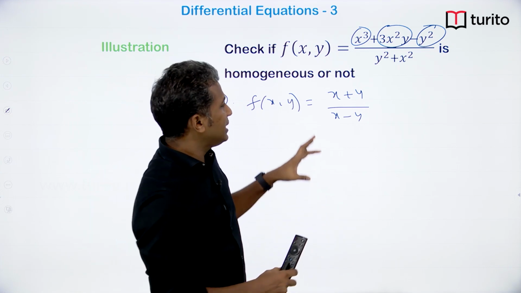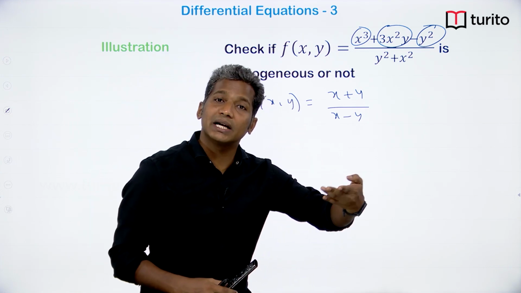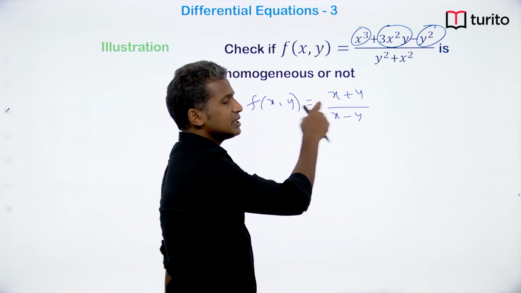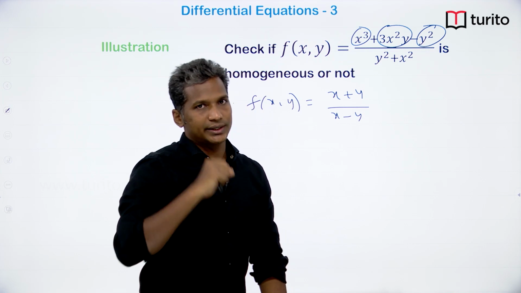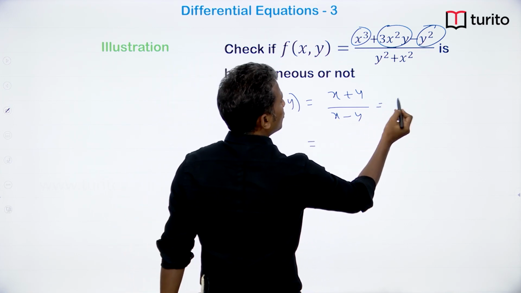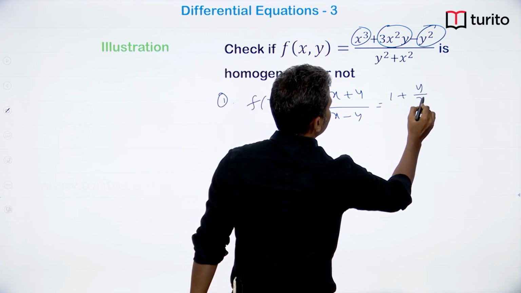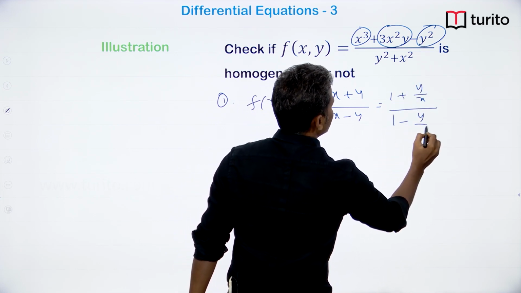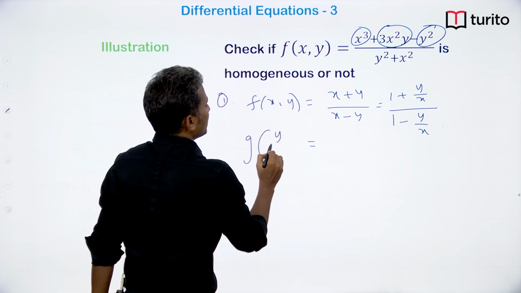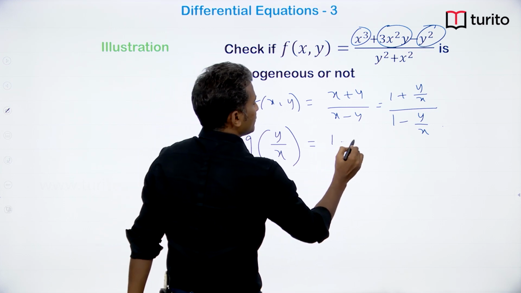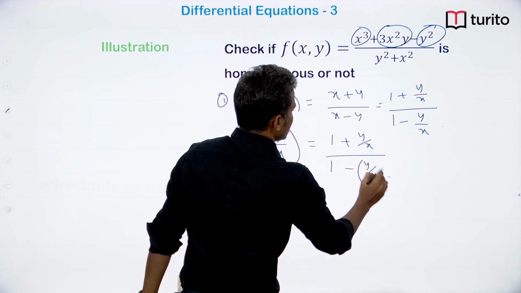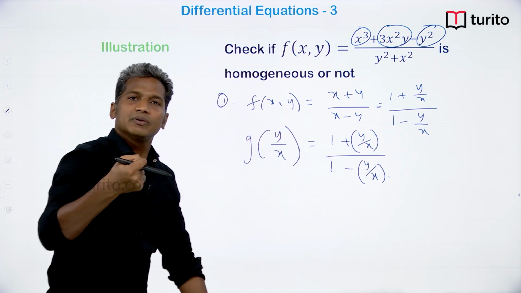That means, by taking an appropriate power of x and dividing both the numerator and denominator, we can convert this into a function of y by x. For example, here if I divide by x, what do I get? 1 plus y by x divided by 1 minus y by x. So I can write this as a function of y by x, and this y by x becomes our variable.